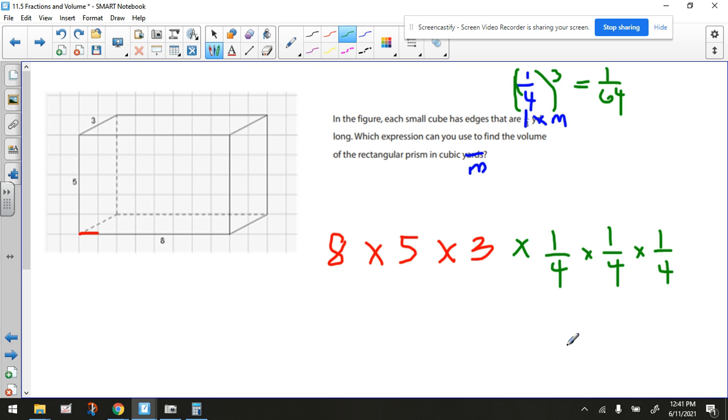All right, so now let's talk about what's next if you actually have to find how many cubic meters are in this thing. We can count out how many fourths there are: 1/4, 2/4, 3/4, 4/4, 5/4, 6/4, 7/4, 8/4.